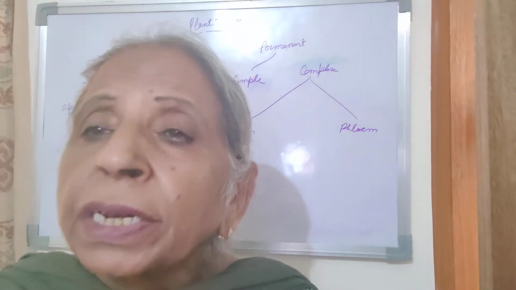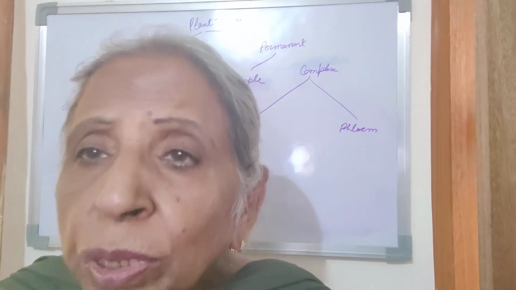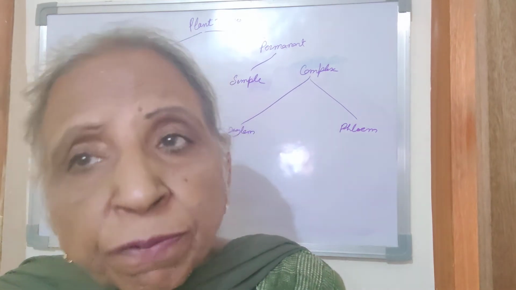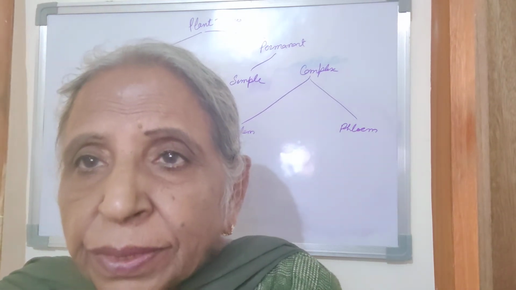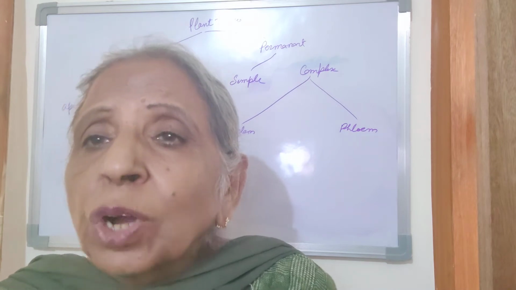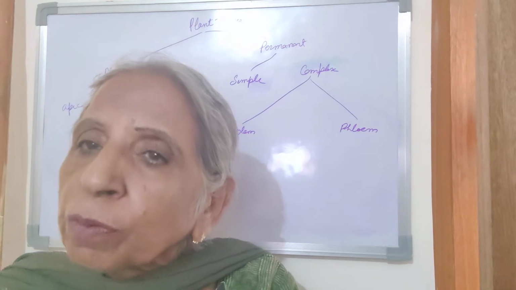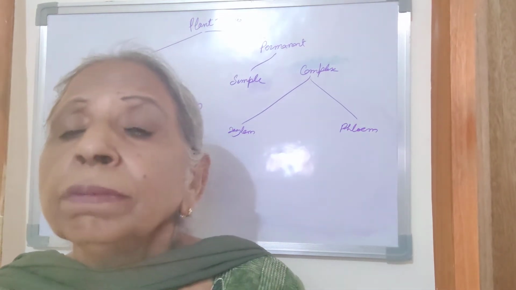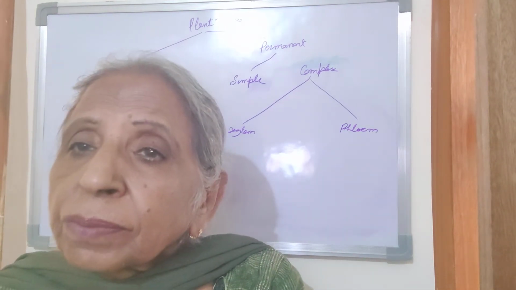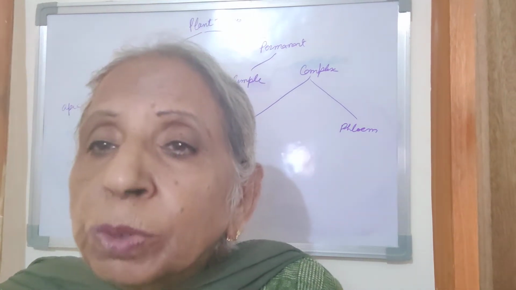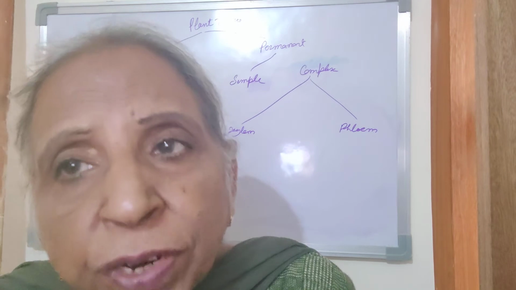In complex permanent tissue, more than one type of cells are grouped together to perform the same function. Have you followed my point? In simple permanent tissue, a single type of cells are grouped together to perform a specific function. But in complex permanent tissue, more than one type of cells are grouped together to perform the same function.